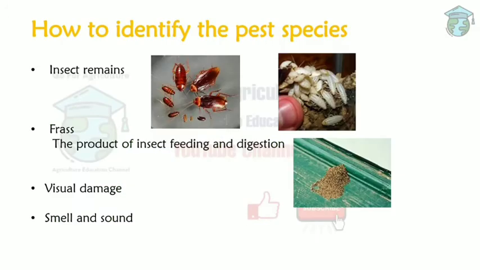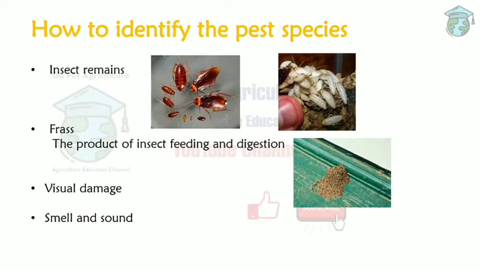Next is how to identify the pest. We can identify the pest with the help of insect remains. For example, if there are cockroaches in your home, you can easily identify them with the help of their remains. Second is frass. Frass is a product of insect feeding and digestion.